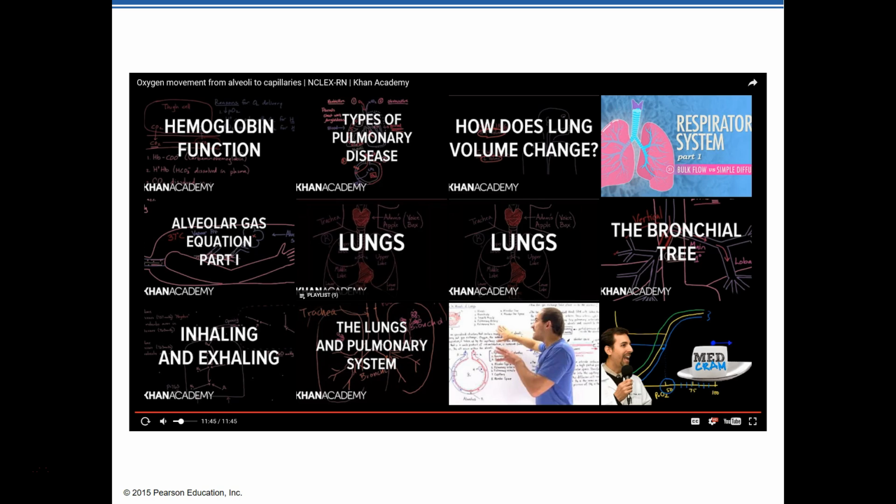The other thing that can happen to us too is we can have some sort of a disease process that either thickens the wall of the alveoli, or in the case of pneumonia, gets a lot more fluid in that alveoli. Those gases still have to cross through either that thickened wall of the alveoli or all that fluid. So it affects that.